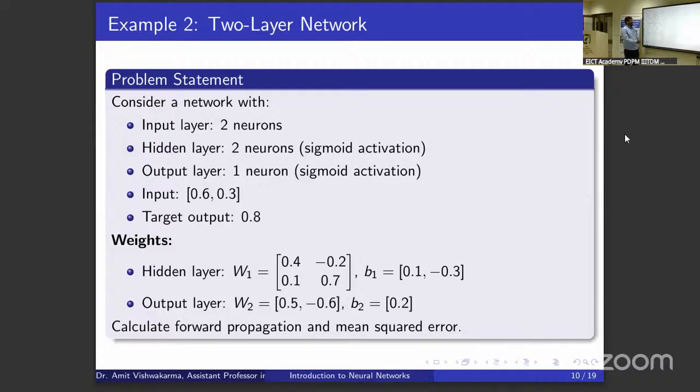If we name them, let's say 0, 1. This is the input layer. This is the hidden layer. Why it is called a hidden layer, I will tell you.